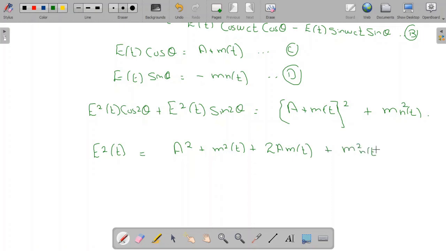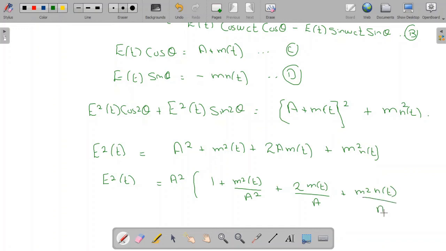Now I'm going to take a square common from here, so this will be equal to a square times 1 plus m square t divided by a square plus 2m of t divided by a plus m square h of t divided by a square.